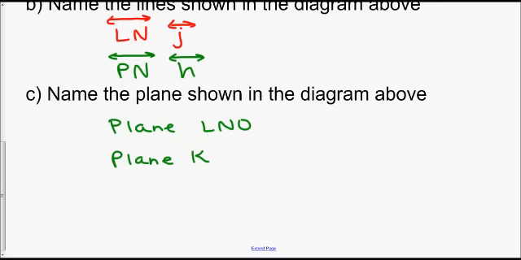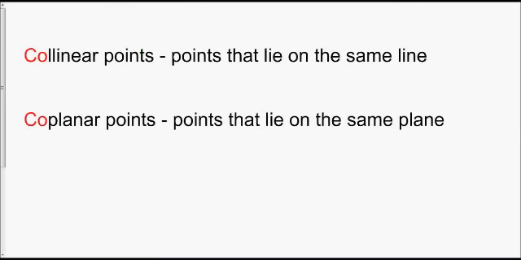All right. So next up, we have these new words for you: collinear and coplanar points. This prefix co means with or together.